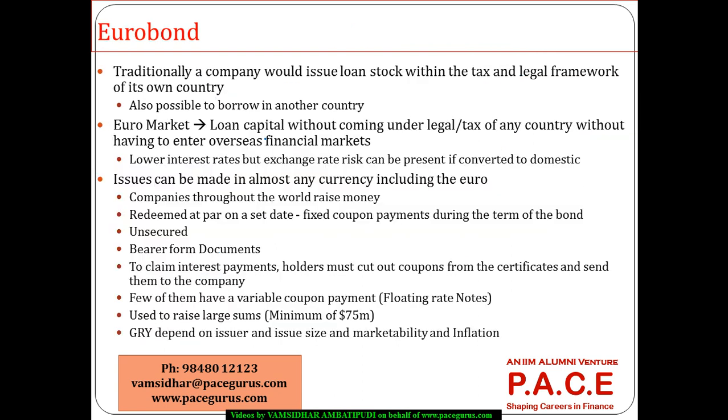Then the other important tool, the other important bond or loan kind of capital that is available, is targeting the international market. Because till now, whatever the different kinds of loans we talked about, whether secured, unsecured or subordinated, we have been looking at from a particular country's perspective. So whatever loan or bond the company has issued, the tax and the legal perspective both belong to a particular country.